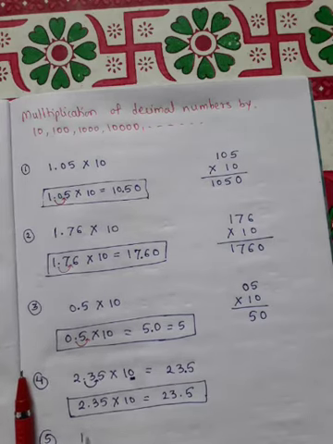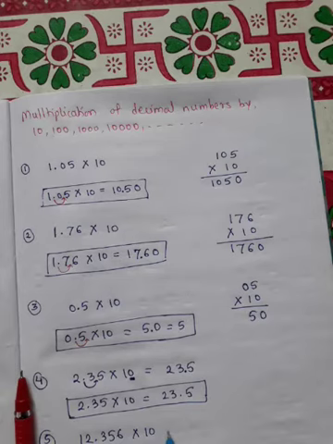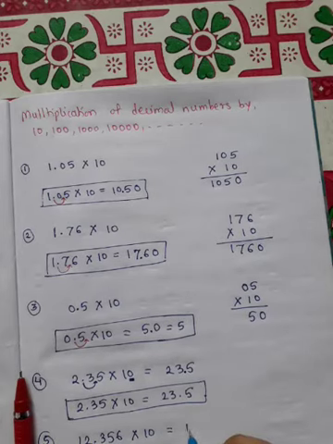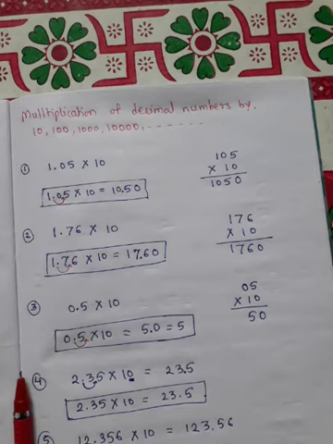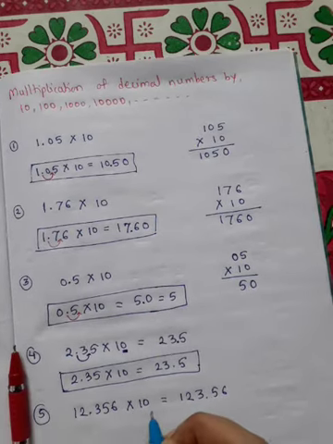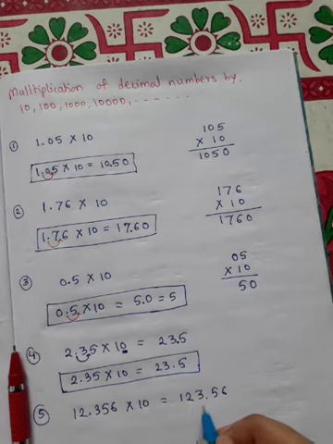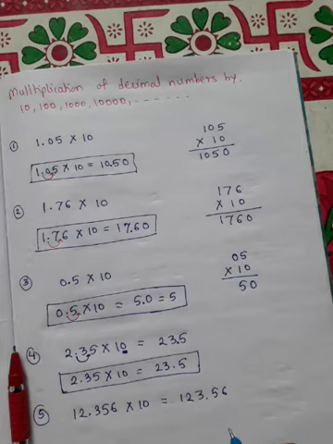So see, 12.356 into 10 is equal to what will we write? 123.56, because when we multiply a number by 10, the decimal point is shifted to the right by 1 unit. So the obtained product is 123.56.